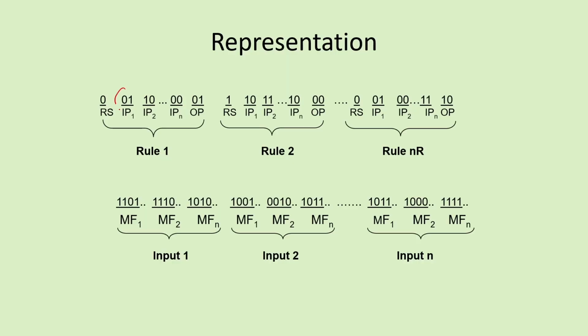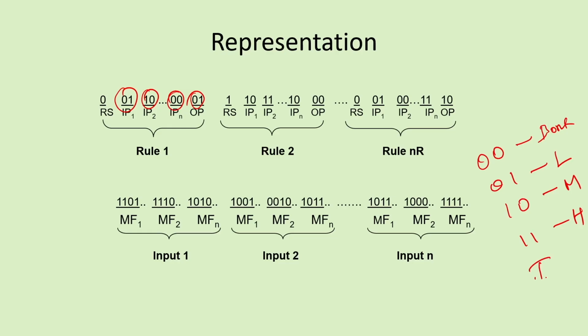For each input variable we have a 2-bit substring. 00 we avoid, don't care. 01 is low, 10 is medium, 11 is high, for each input. Likewise for each output, if you obtain 00 we omit that, and 01, 10 and 11 we consider.